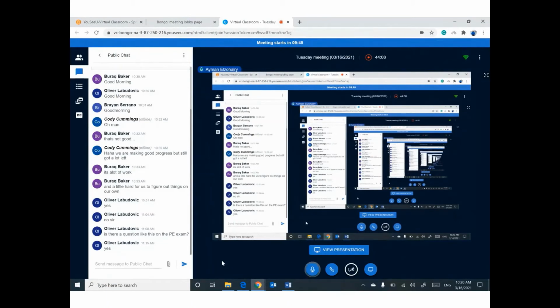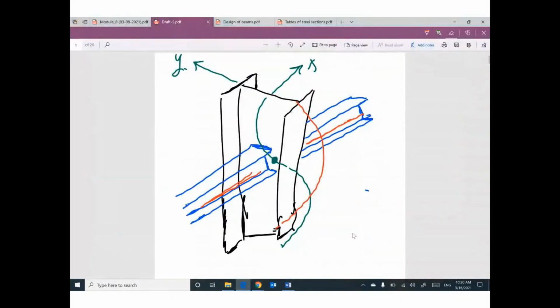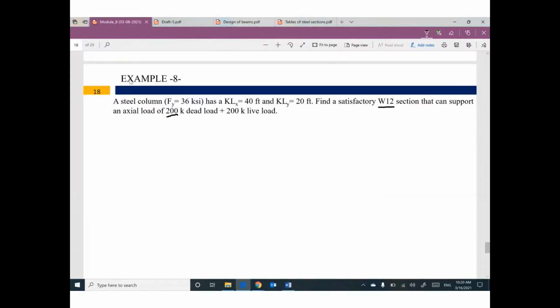Every single piece of information I'm covering in this course, or the concrete design course, or structure analysis, is very important in your professional engineer exam. Especially this point. Sometimes you will say, hey, why does the column have a length equal to 40 feet about the x-axis and the same column has another length equal to 20 feet about the y-axis?